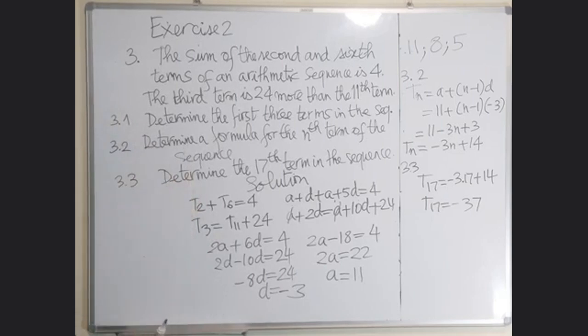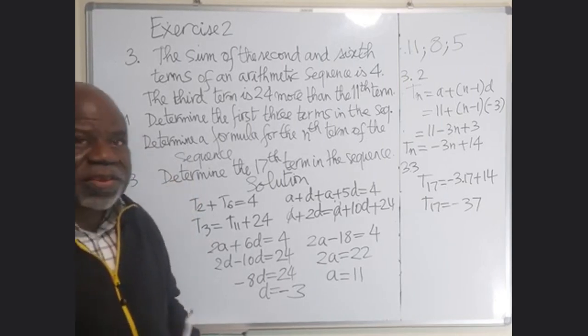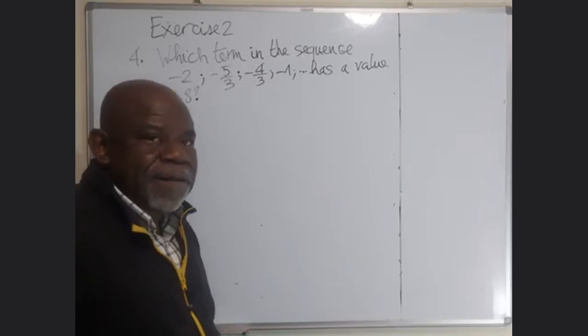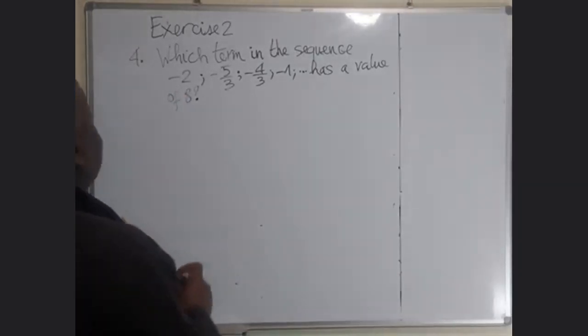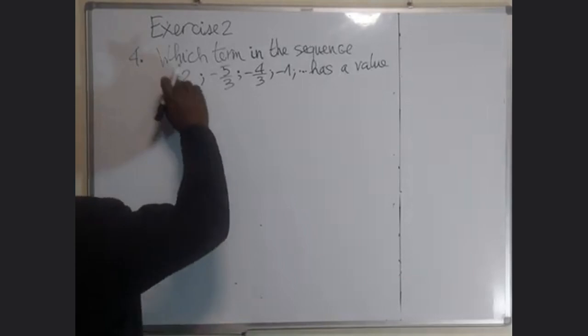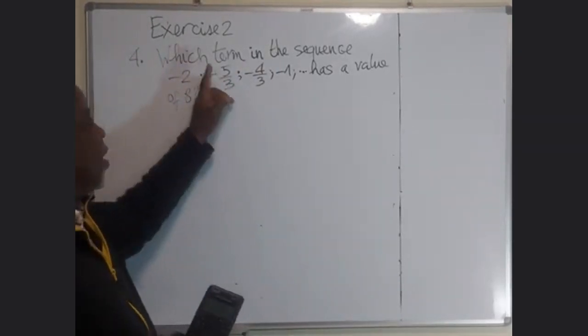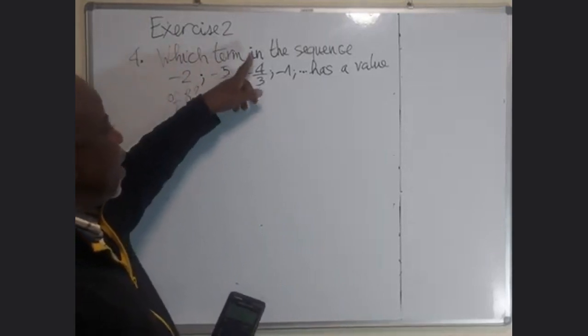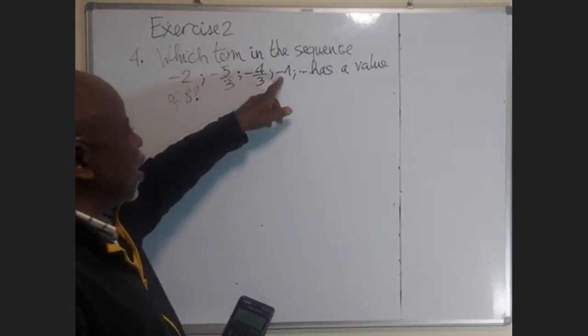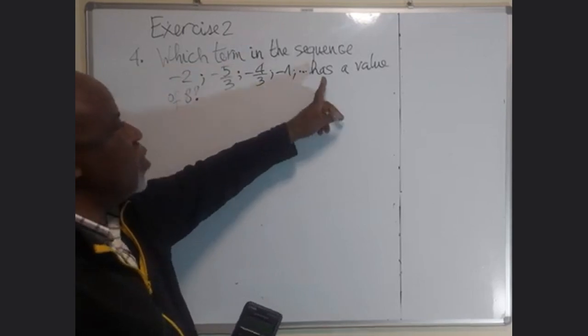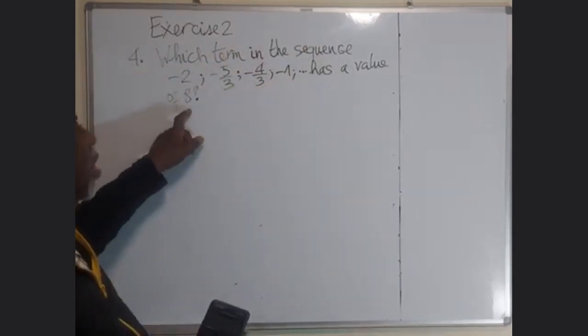We will clean the board so that you're going to have more space. We're taking now exercise number 4. Which term in the sequence negative 2, negative 5 over 3, negative 4 over 3, negative 1, and so on, has a value of 8?